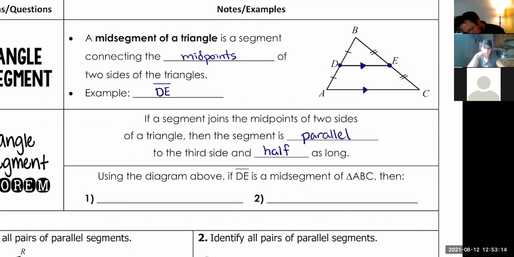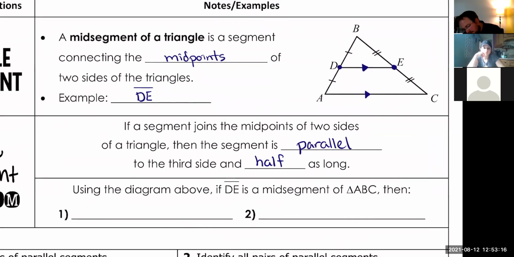So again, kind of completing this little chunk of notes here at the top, using the diagram, I've added the features there. We would say that DE, segment DE, which is the midsegment, is parallel to segment AC, which when it refers to the third side, it's just referring to the side that did not contain the midpoint creating the midsegment.